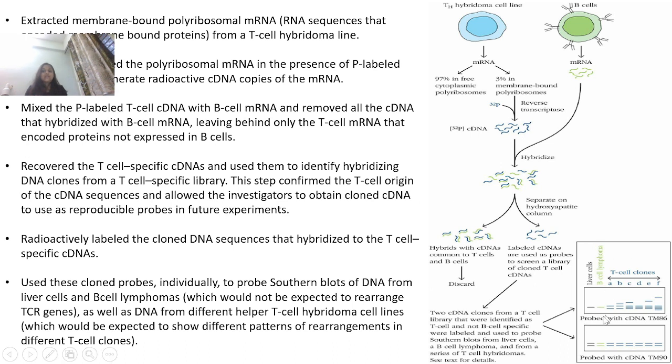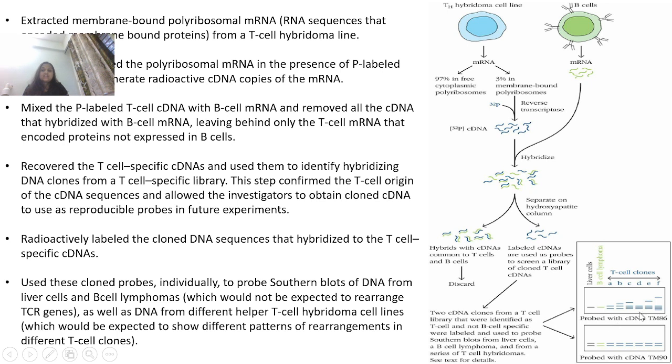From the B cell lymphoma and liver cell, they did not get any different kinds of bands, because these liver cells and B cell lymphomas will not have rearranged TCR genes. Only T cells will have the rearranged TCR genes.